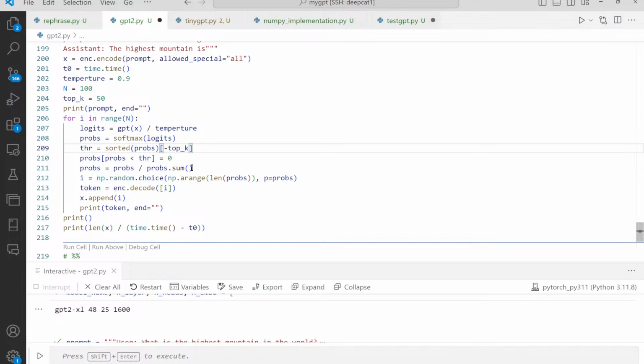If I didn't do that, there would be a small chance it chooses some token that is really unlikely. It is because we are using softmax. Even though we think it is very unlikely, it still gets some chance that is greater than 0. We probably intend it to have a smaller chance. So people often use top K to improve the quality of the language model.